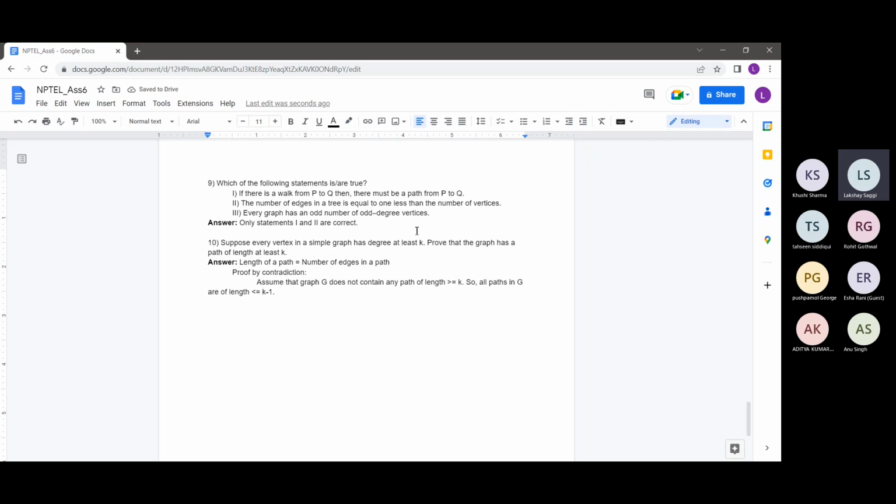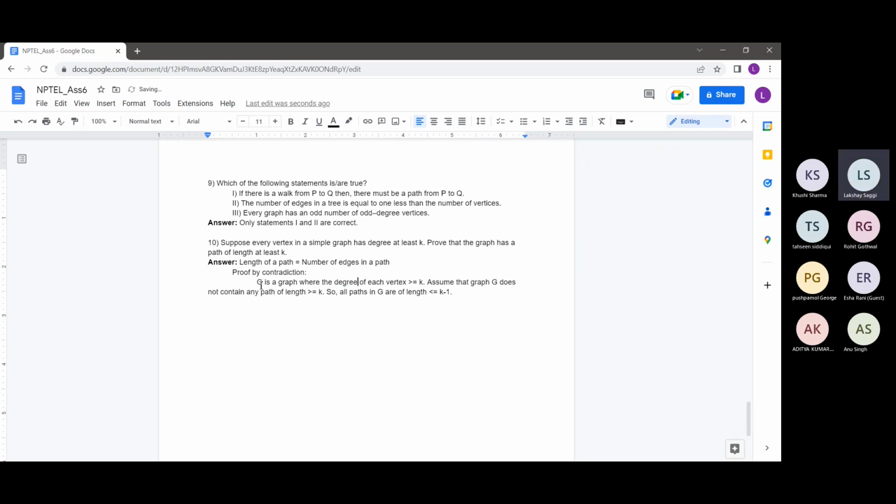So G is a graph where the degree of each vertex is greater than or equal to k, right?